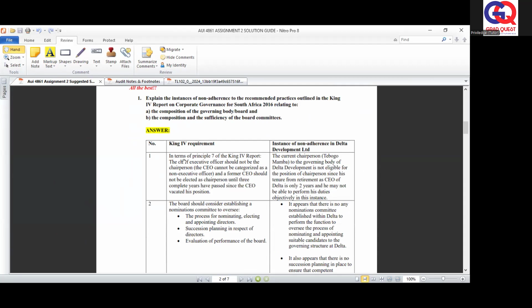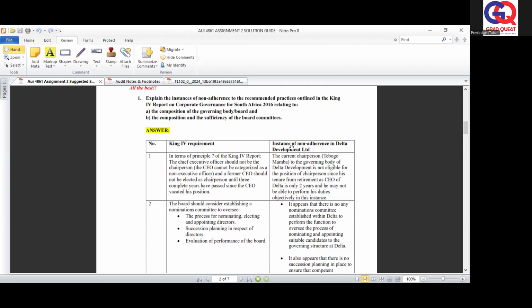For instance, with regards to the CEO, I pointed out that in terms of principle 7 of the King 4 report, the chief executive officer should not be the chairperson. The CEO cannot be categorized as a non-executive officer. And a former CEO should not be elected as chairperson until 3 complete years have passed since the CEO vacated his position, in other words, until the 3 years from retirement have lapsed.